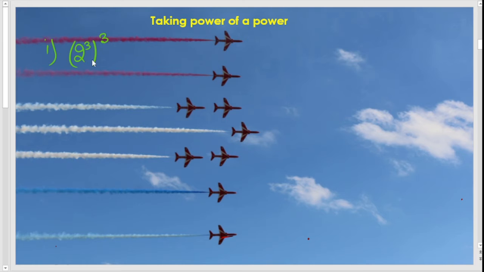That means 2 cubed multiplied by itself 3 times, that is 2 cubed into 2 cubed into 2 cubed. Here the base is 2 cubed.